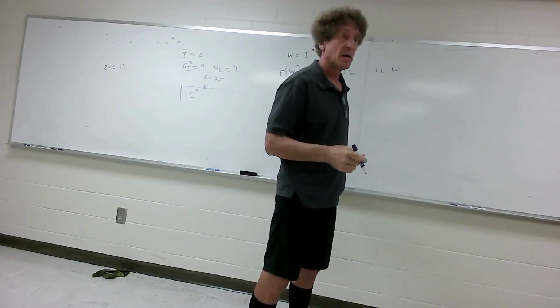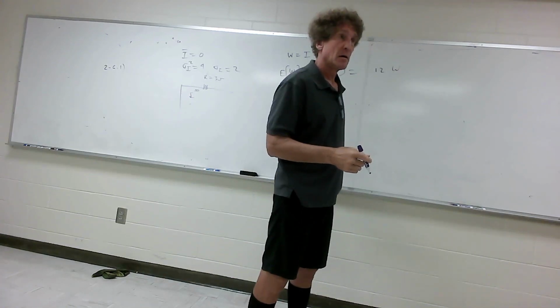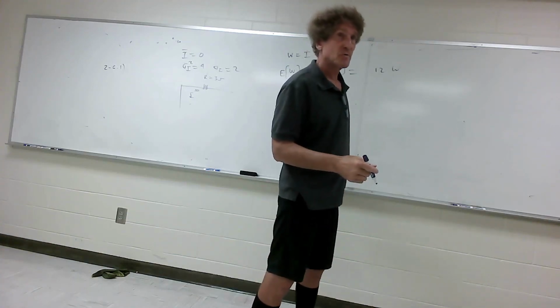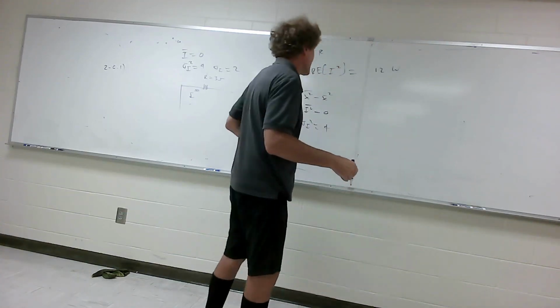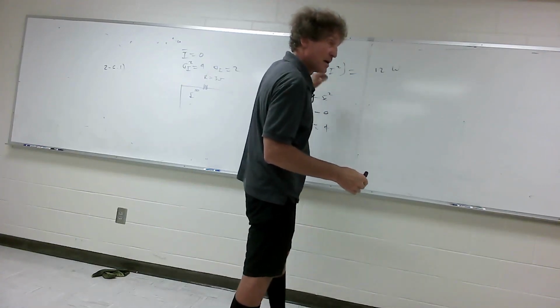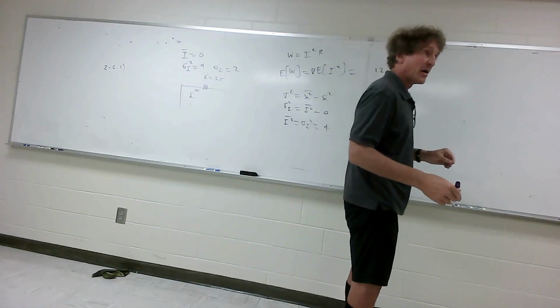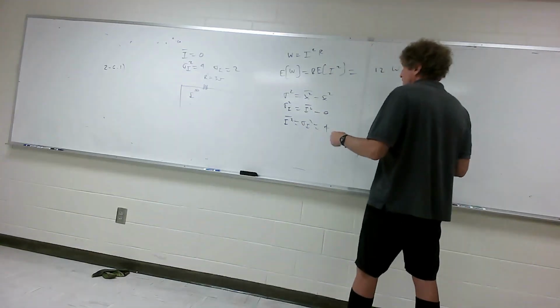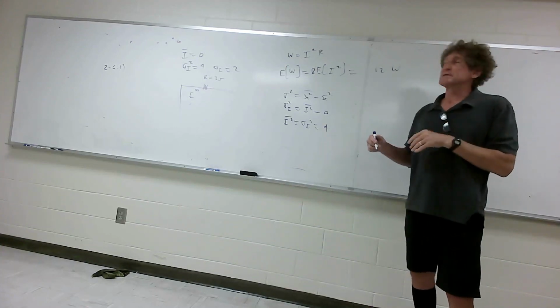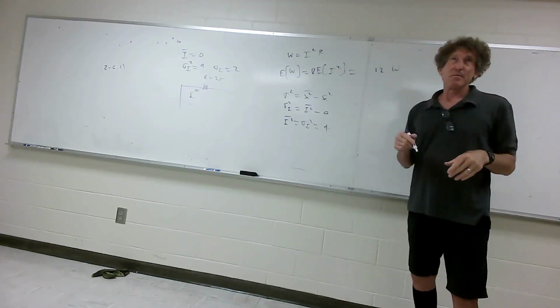What else? Find the variance of the power dissipated. How do you find the variance of the power dissipated? This is the power, right? So that's the mean value of the power.